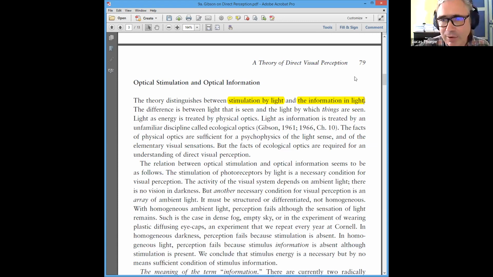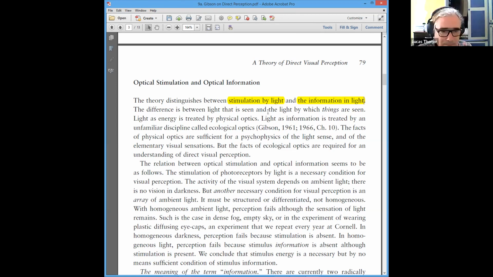And the first question is what exact information are we picking up on in the environment in order to successfully achieve these tasks? And he thinks that the traditional theories of vision get it the wrong way around. They start off by looking at what's on the retina and how this is then processed, rather than thinking about the information out there.